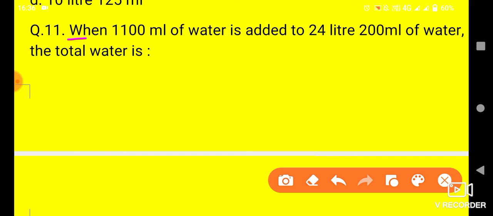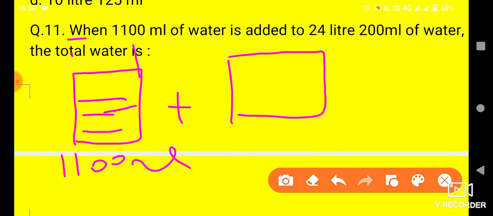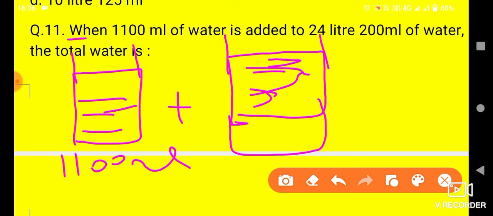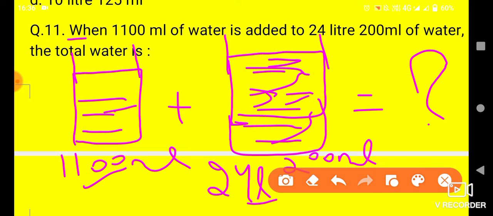It means we have on one side 1100 ml and on one side 24 liter 200 milliliter, and we have to tell how much water will be total. It means add this and what will be the answer? We have to solve it.